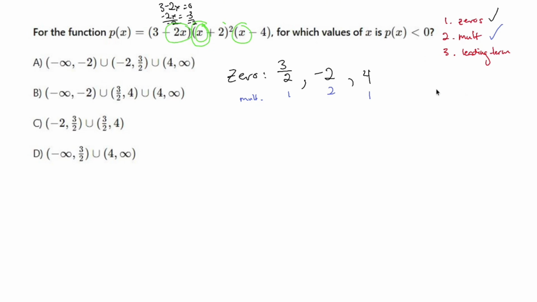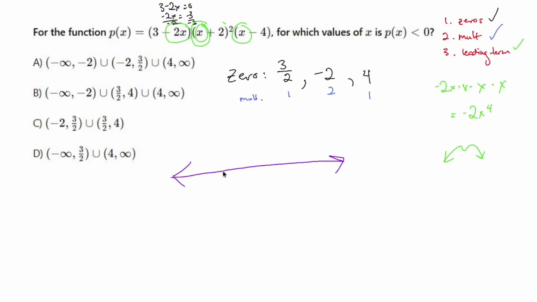So my leading term is found by multiplying negative 2x times positive x again times positive x a third time, which gives me negative 2x to the fourth. Now what that looks like graphically, and the reason I do this, is I know this is going to look like an upside down m. Perfect? No. Accurate? Yes. Now what I do with all this information is make myself a sign graph.